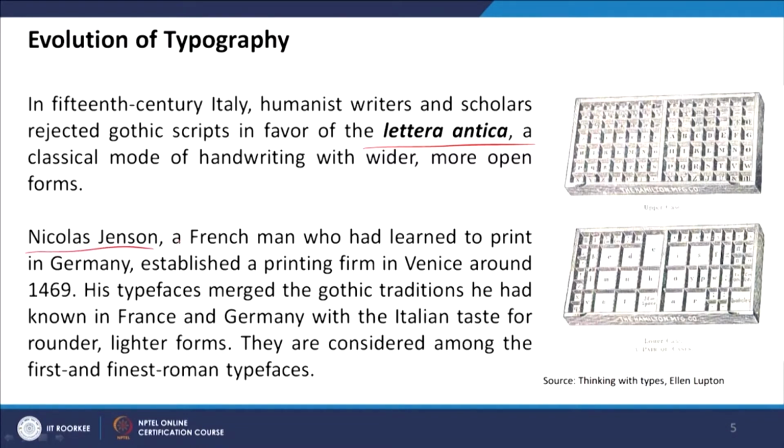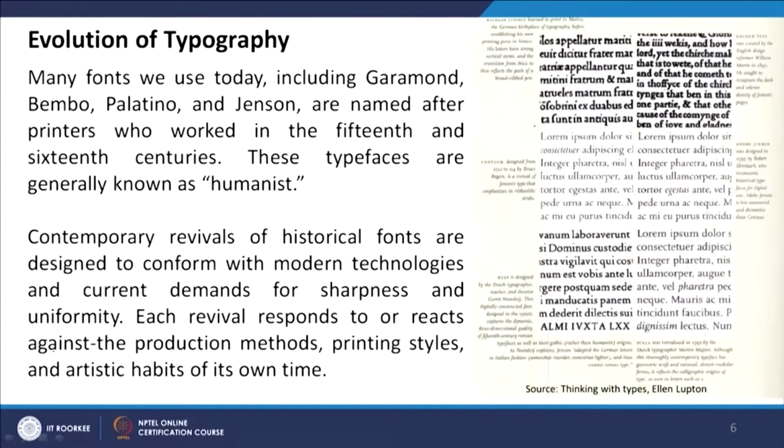There's a designer, Nicholas Johnson, who established a printing firm in Venice around 1969, and he used these typefaces, Litera Antica, and his typefaces merged the Gothic traditional style into the French and German styles of that time of Renaissance. So that was the style which was there.